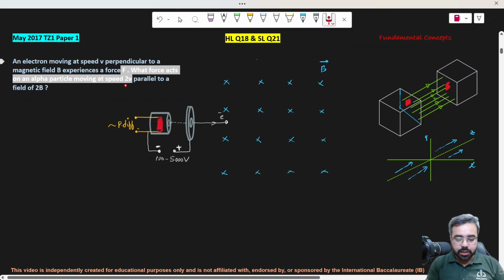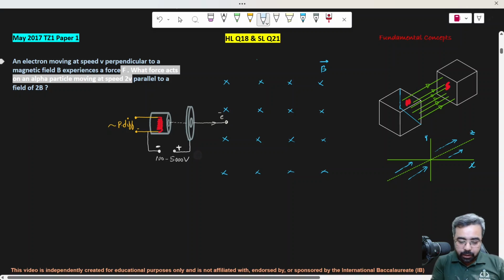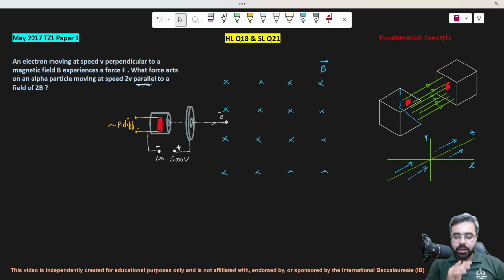Our question is, what if you throw an alpha particle with twice the speed of the electron in a magnetic field which has twice the strength, but you throw the alpha particle parallel, then what will be the force?